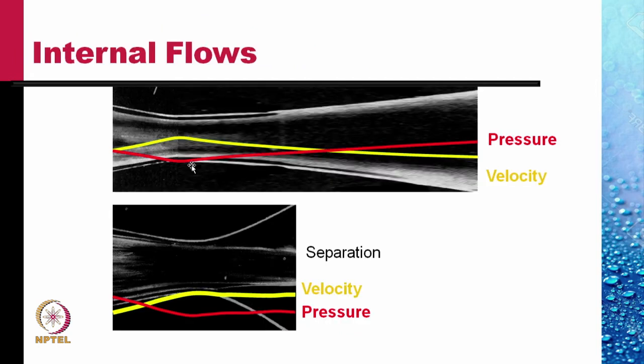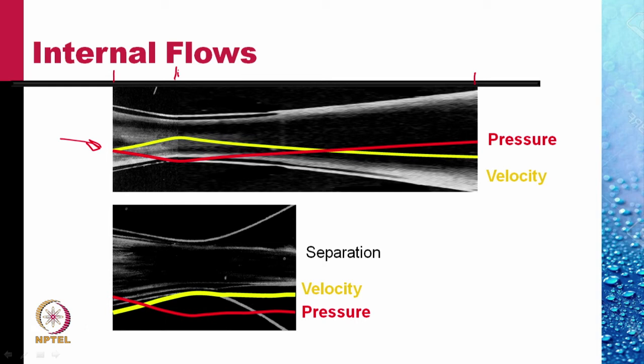There's another property of internal flows that we want to discuss. Consider the first picture. Here we have flow in a converging diverging pipe. The length of the converging portion is much smaller than length of the diverging portion.